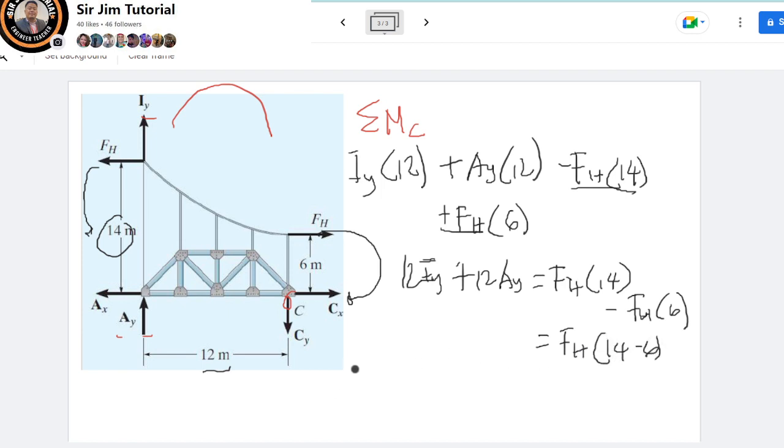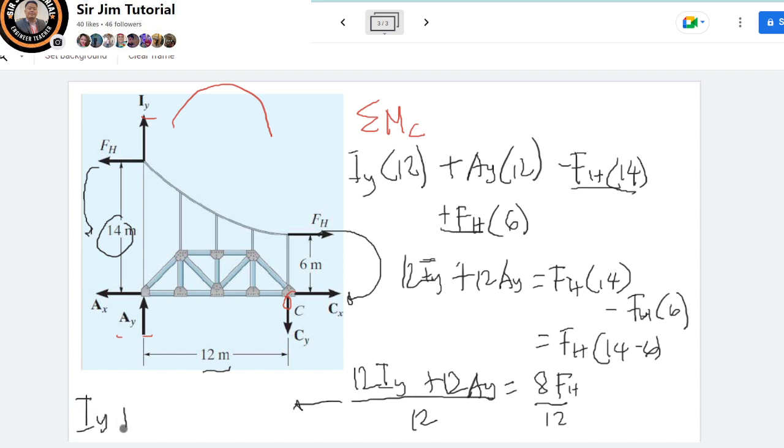In other words, we have 12 IY plus 12 AY equals 8 FH, since 14 minus 6 is 8. Now divide both sides by 12. IY plus AY equals 2/3, or 0.667 FH. This will be our equation 2.